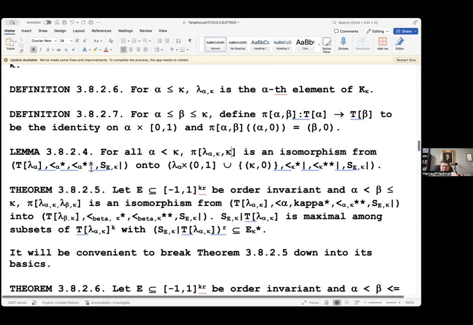So because it's the greedy one, you can show that the image under this embedding has got to be the real thing. All right. And then from that, you see you have alpha goes to kappa nicely, lambda alpha goes to kappa nicely. And since lambda beta goes to kappa nicely, because beta is just another alpha, then alpha goes to beta nicely by just composing and with the inverse.